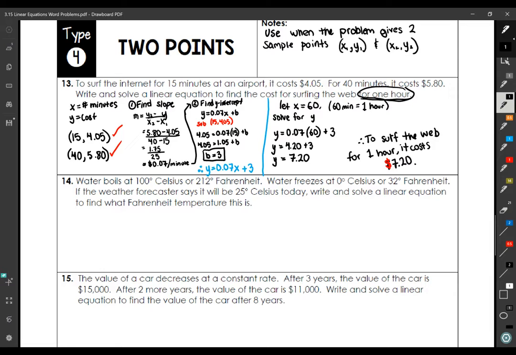Our two data points are the temperatures at which water boils and the temperature at which water freezes.